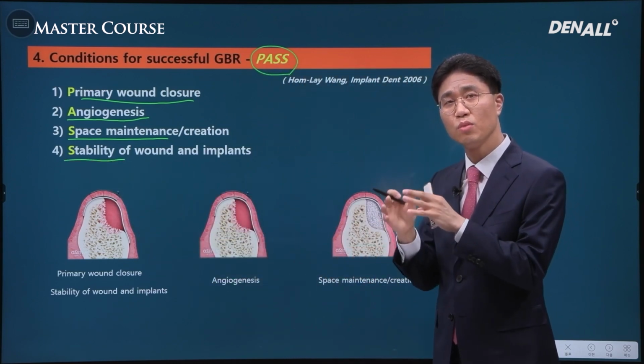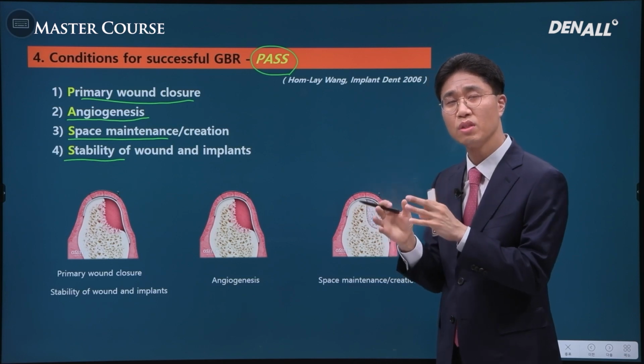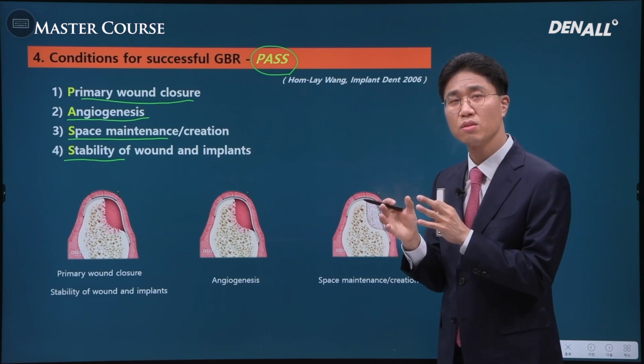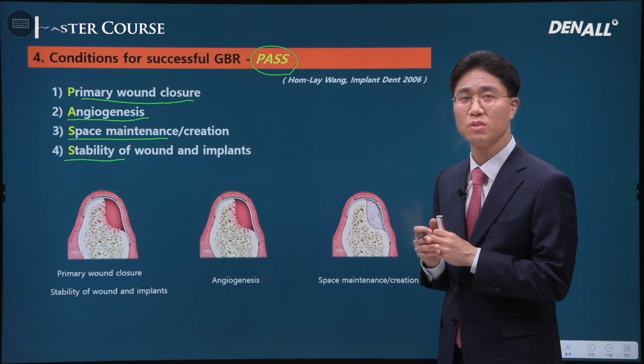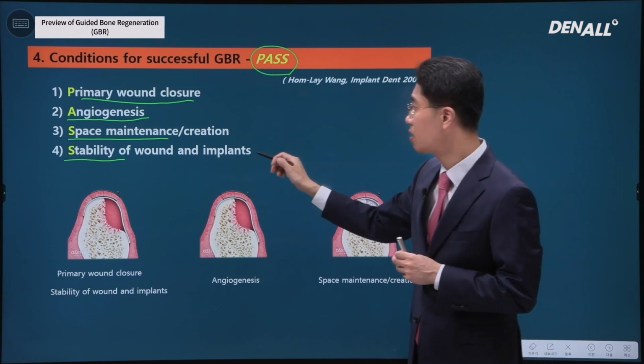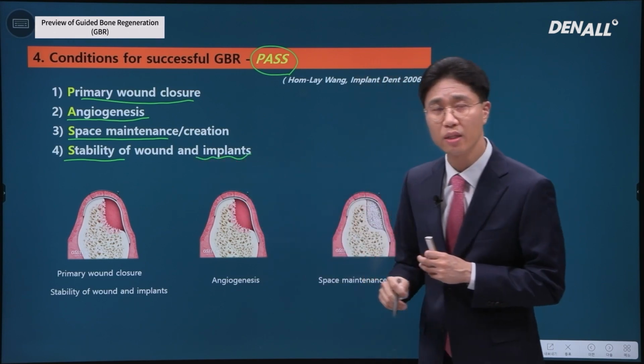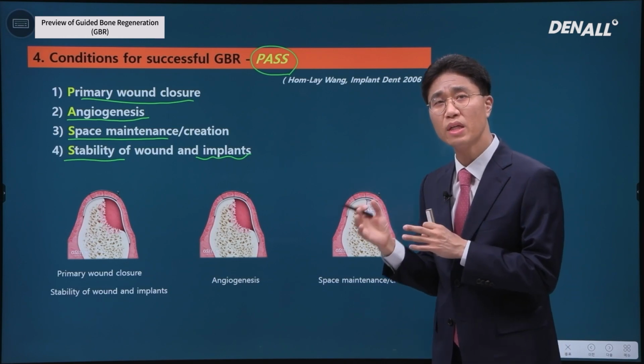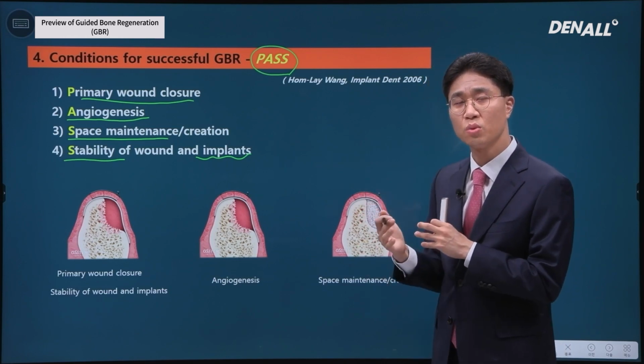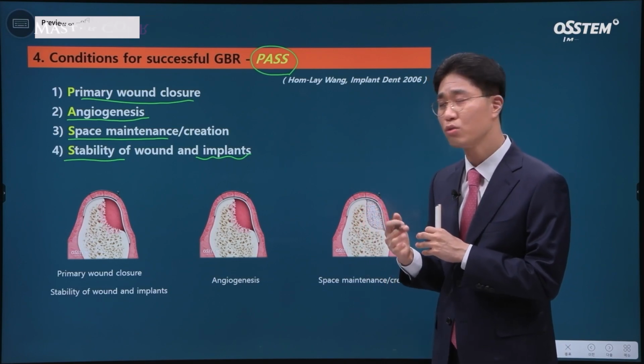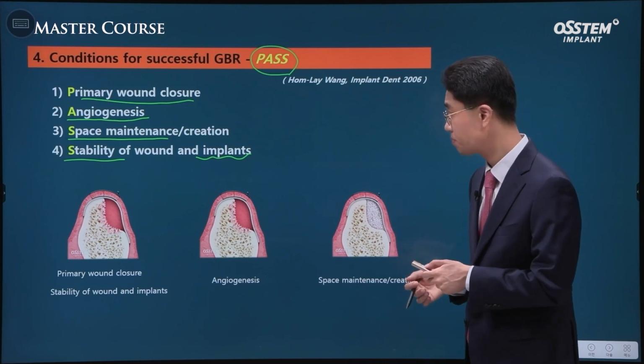Blood clots or bone graft material needs to be stably maintained. Implant fixation itself is not the end. We need to get good implant fixation as well as bone graft and blood clot stability.